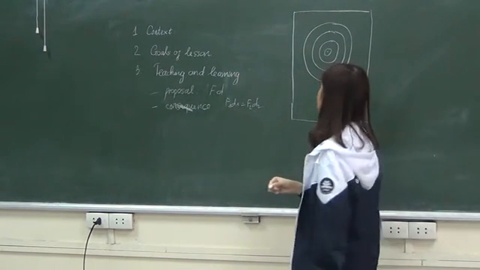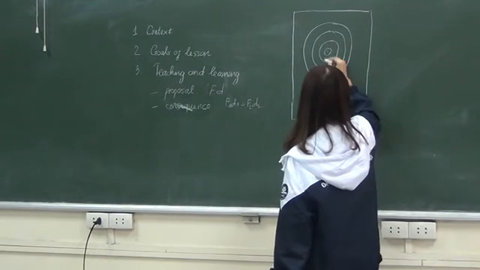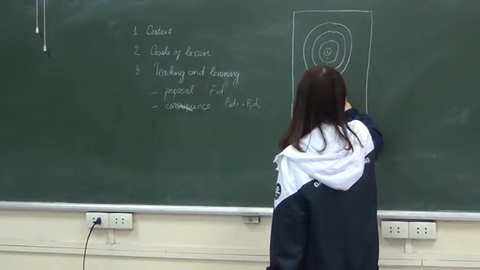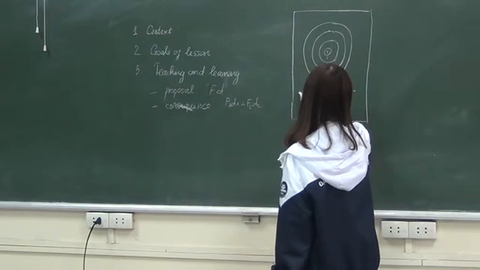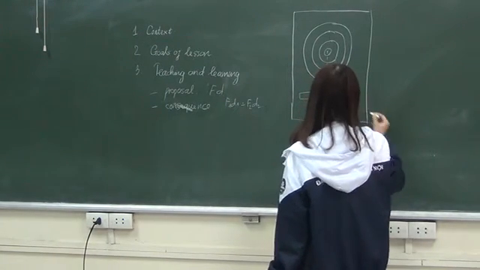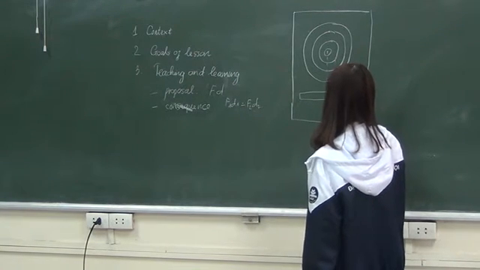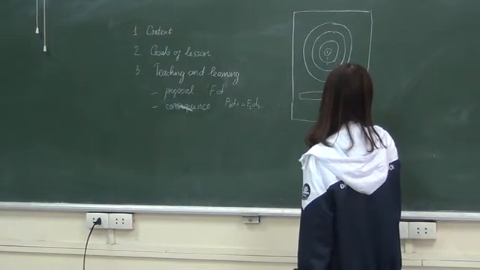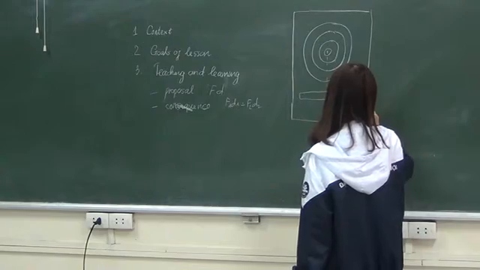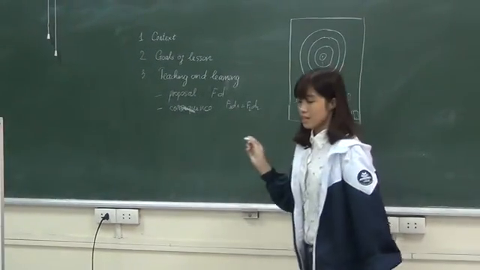And to measure the distance D, we have a ruler like this, and we can hang some masses to make forces F1, F2, F3.